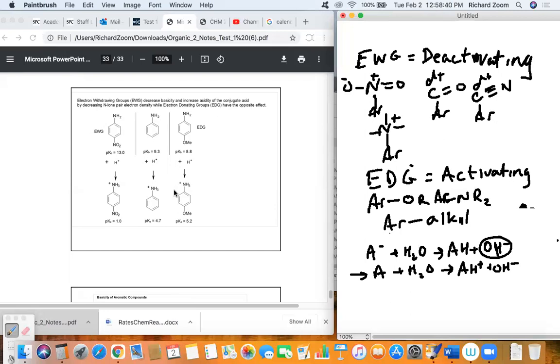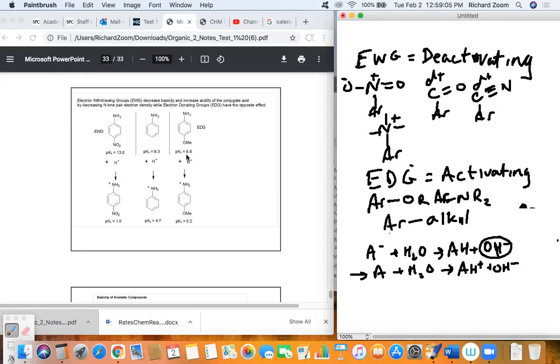You can see that the basicity decreases. This is because the nitro group is pulling the electrons even more off the nitrogen here, whereas the OMe group is adding electron density to the nitrogen, which increases the basicity. So you'll notice that the basicity is opposite to what happened with the acidity.